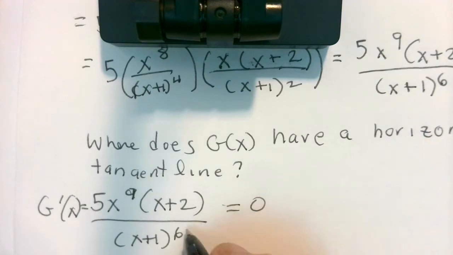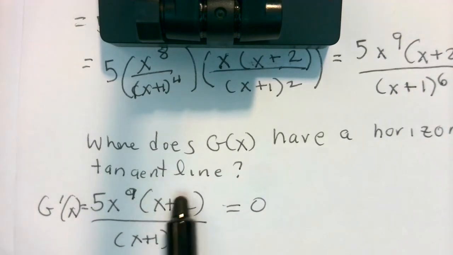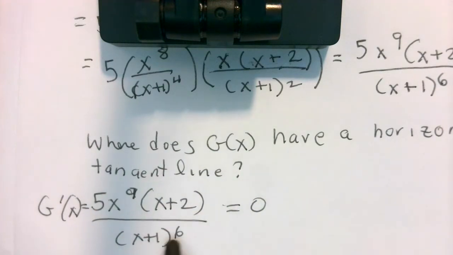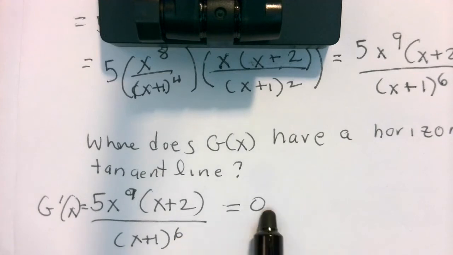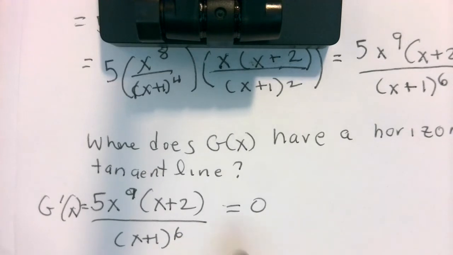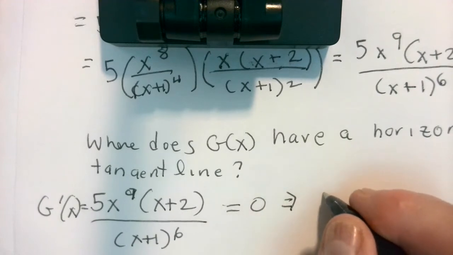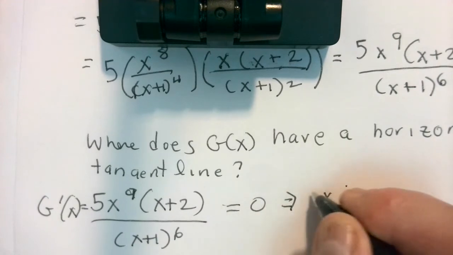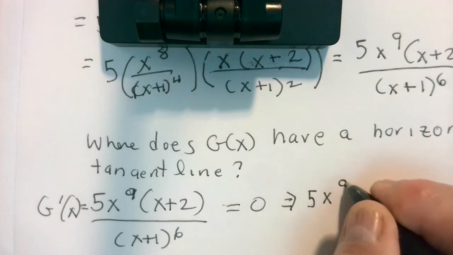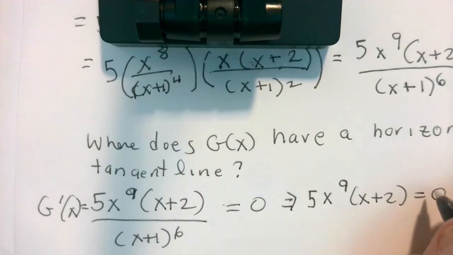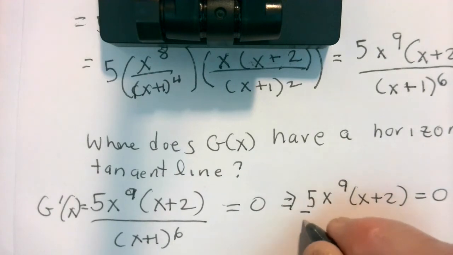So then using the zero product property, a rational expression like this is going to be 0 when the numerator is 0. It's undefined when the denominator is 0. Or you could just go ahead and cross multiply and get rid of this denominator, because it's when the numerator is equal to 0. Okay, and I can go ahead and divide by 5.